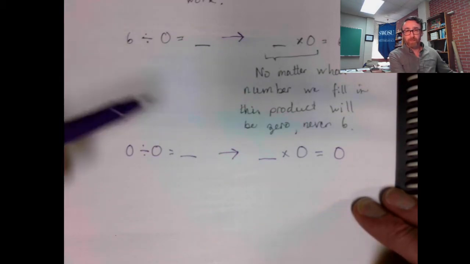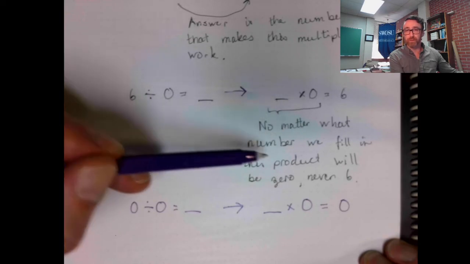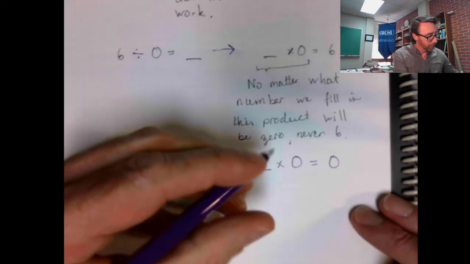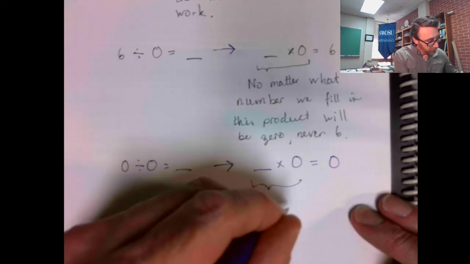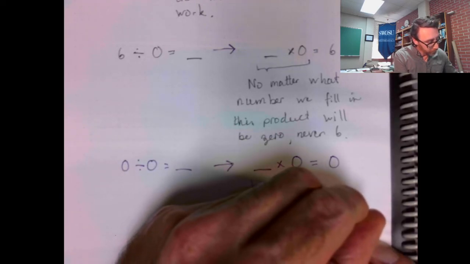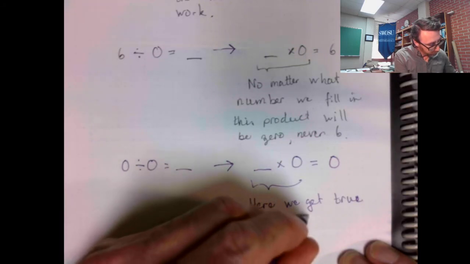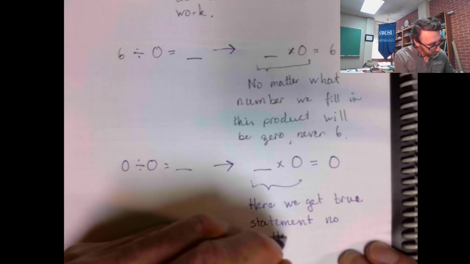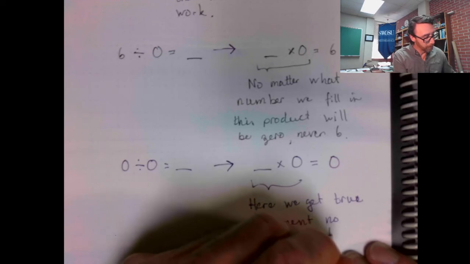Now, the problem here with blank times 0 equals 6 is that no matter what number we filled in, we didn't get 6. Here we get a true statement, no matter what number we use.